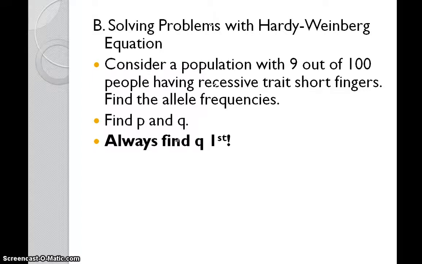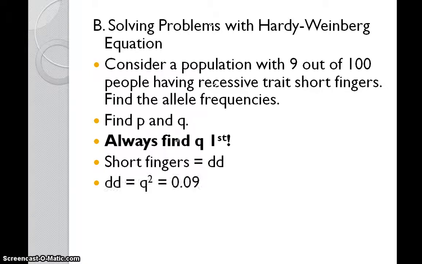Q stands for the recessive trait. In this case, short fingers is the recessive trait. We're just going to go ahead and call that little d. And in this problem, we know that little d is present 9 out of 100 times. So we know that little d, which is the same as q squared, is 0.09.